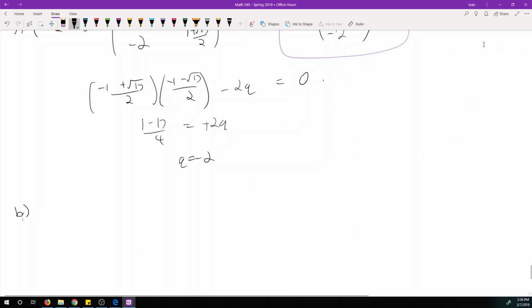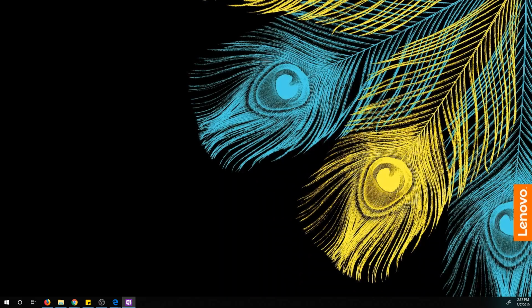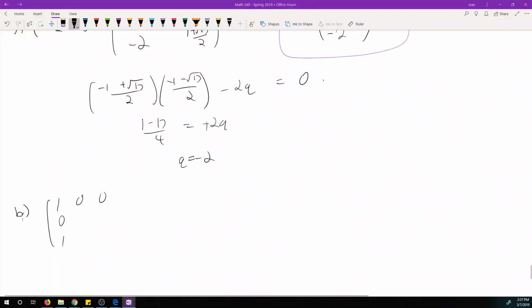B is 1 0 0, 0 3 7, 0 1 negative 3, I think. What you want to do here is the following, right? Det of A minus lambda I: 1 minus lambda, 0, 0, 0, 3 minus lambda, 7, 1, 1, negative 3 minus lambda.